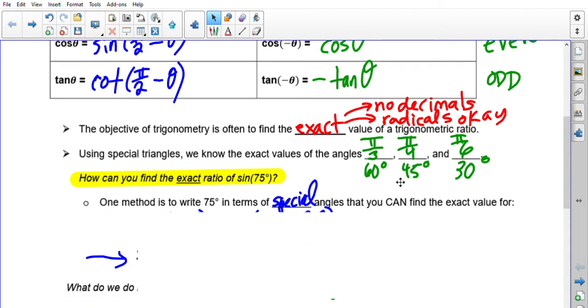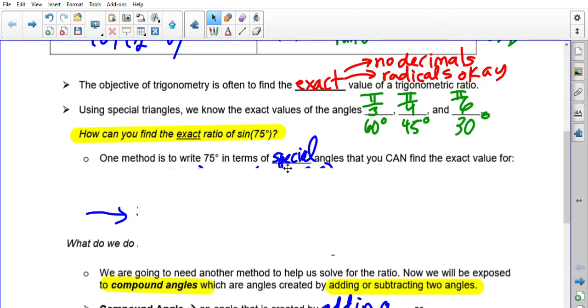Our problem, though, is that obviously all diagrams and angles are not always just going to be 60, 45, and 30. For example, how can we find the exact ratio of something like sine 75? That doesn't fall in these three categories. One method is to write 75 degrees in terms of special angles that we can find the exact value of.